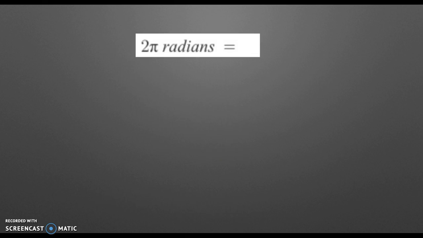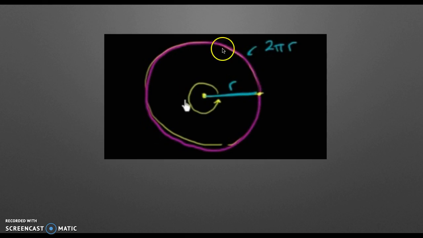Let us start to think how we can convert between radians and degrees and vice versa. If we have 2 pi radians, what would this equal in degrees? As seen from before, 2 pi radians equals 360.